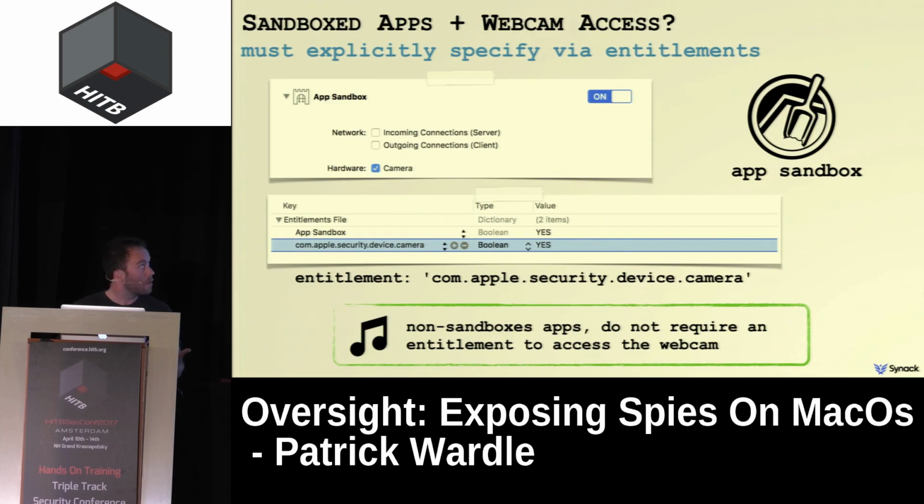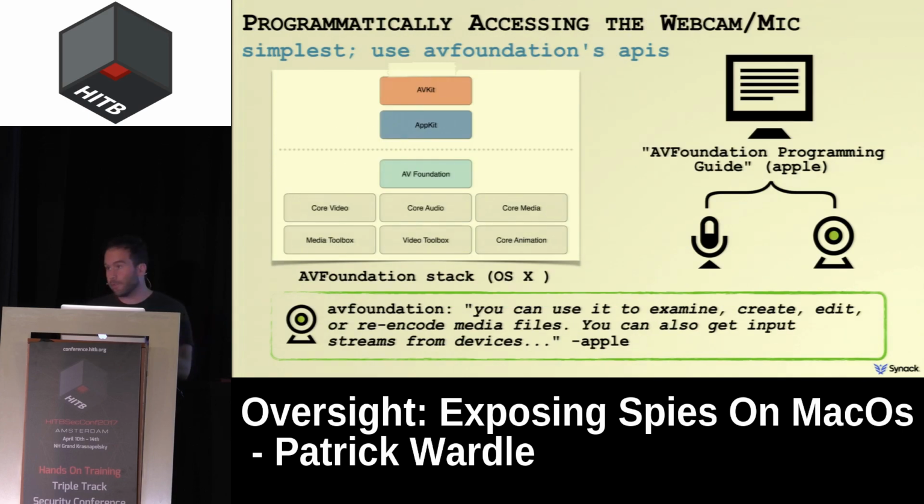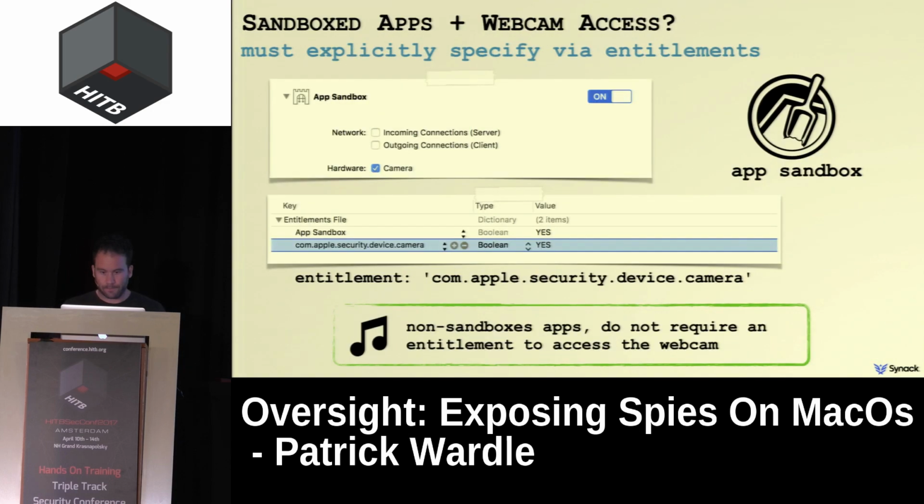The main thing for the purpose of this talk is we can use it to enumerate attached or built-in devices. So via the AV Foundation, and we'll show code to do this, you can get access to the default webcam, attached webcams, the built-in microphones, etc. And then once you have a reference to this device, you can start recording off them.